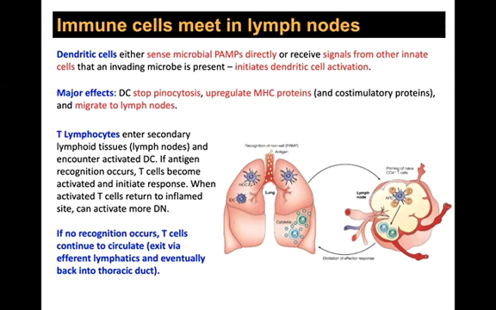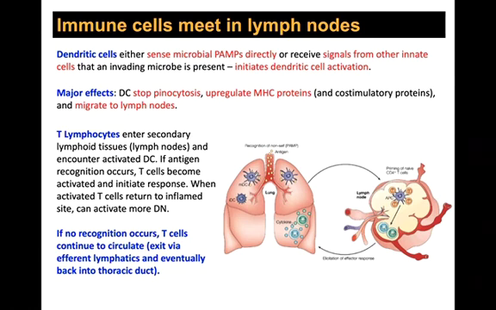Now they can also sense signals from other innate cells, your granulocytes, your neutrophils that are exploding, or your macrophages that are making cytokines. That's the initiation of dendritic cell activation. So they stop pinocytosis, because you don't want to present other stuff that you accumulate on the way to the lymph node. They upregulate major histocompatibility complex proteins, so that they'll have lots of stuff on their surface to present to T cells.